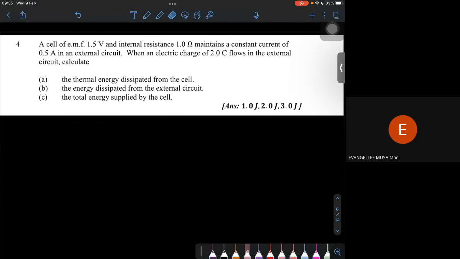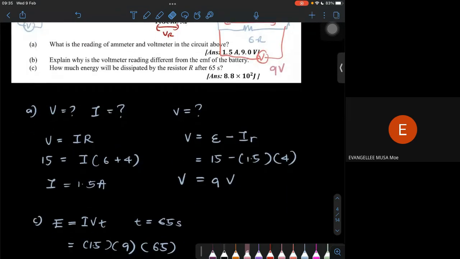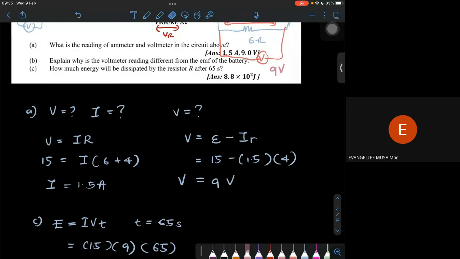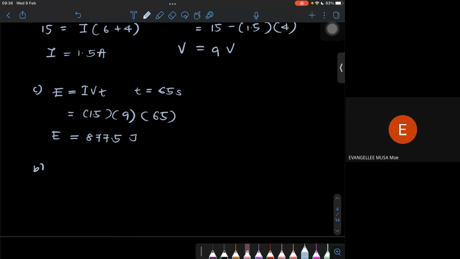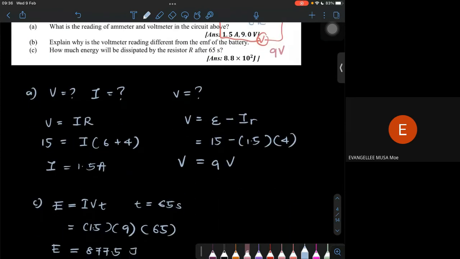Yang soalan tadi yang B tu, Miss, macam mana letak dalam yang proper ayat? Okay, letak dalam beberapa ayat. Soalan B. So we can say that the voltmeter, sebab dia tanya why is the voltmeter reading different from the EMF of the battery.